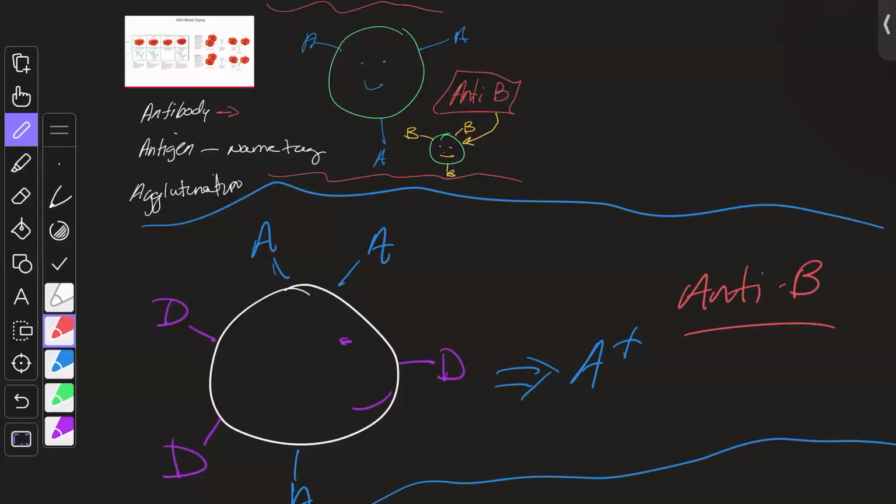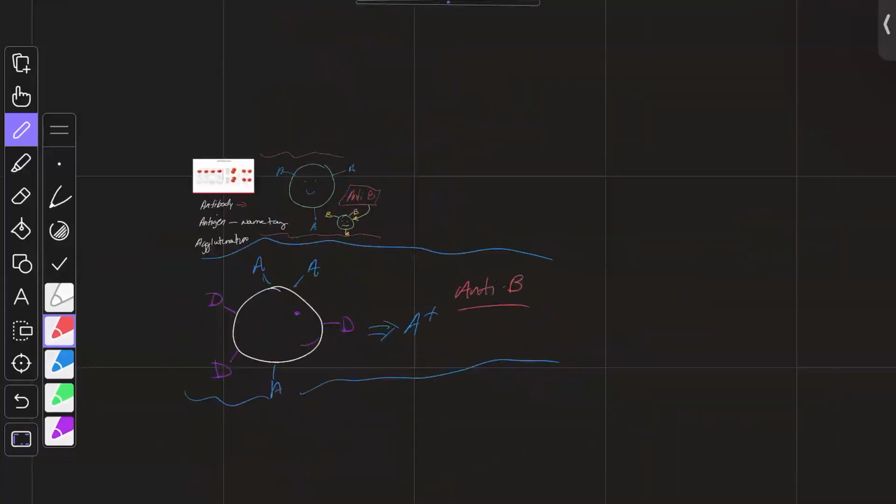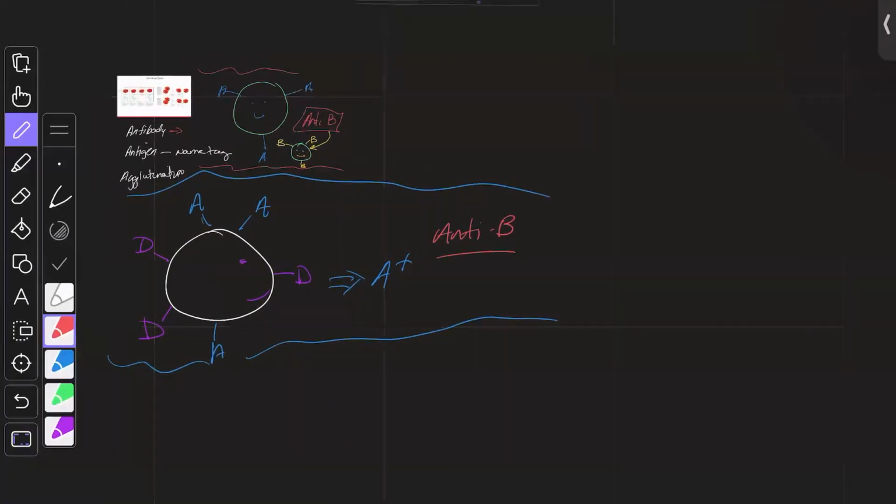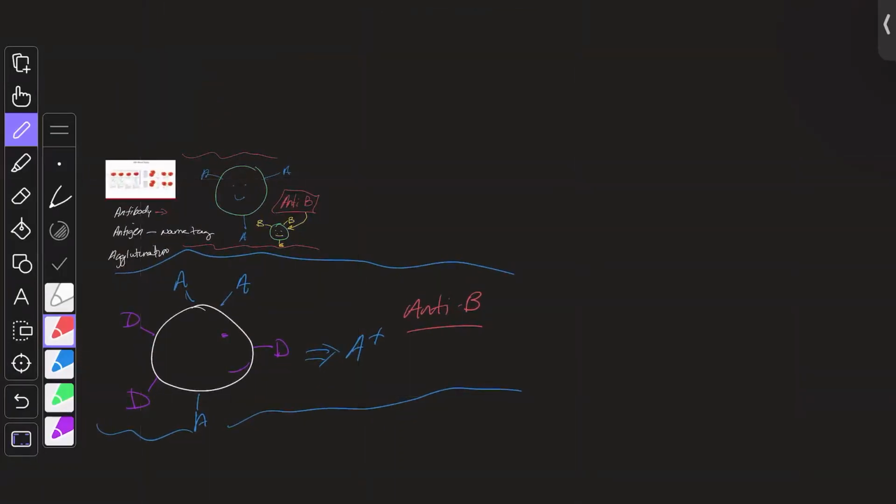Now, I'm going to shrink. That's why I love this app. You can just indefinitely make more room. So if I have an individual, and on this individual, I have this.